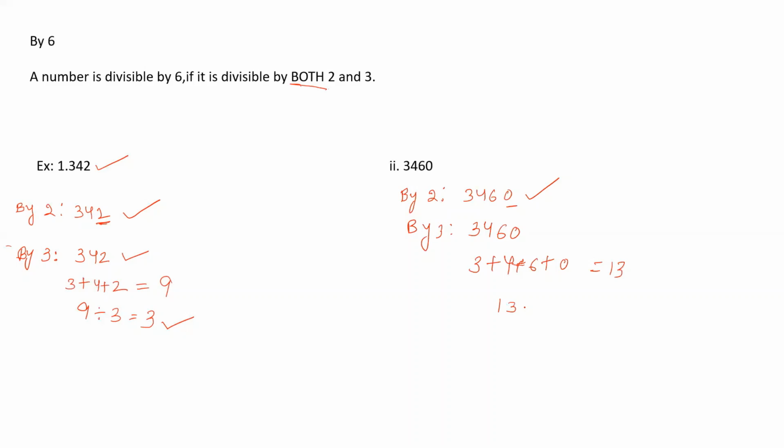Divide 13 by 3. 3 will not divide 13. We won't get 13 in the 3 table. So 13 is not divisible by 3. 3460 is not divisible by 3. So 3460 is not divisible by 6.